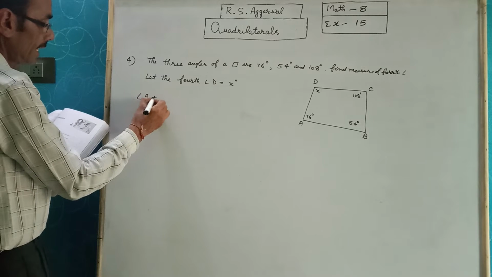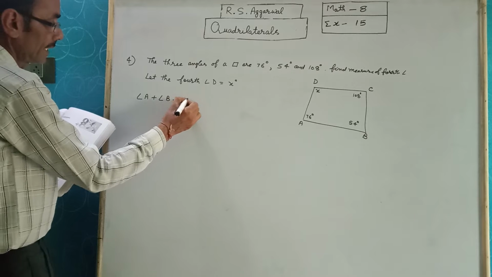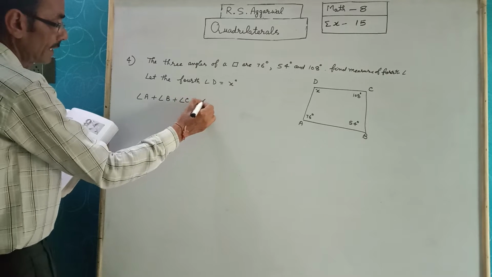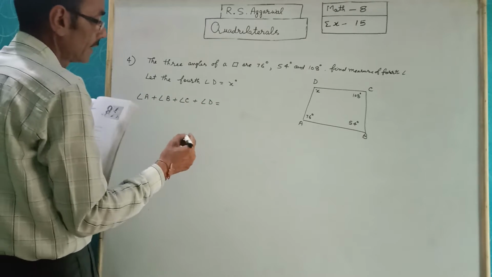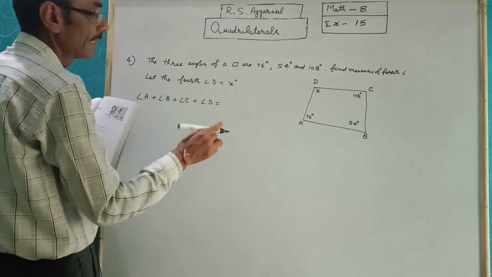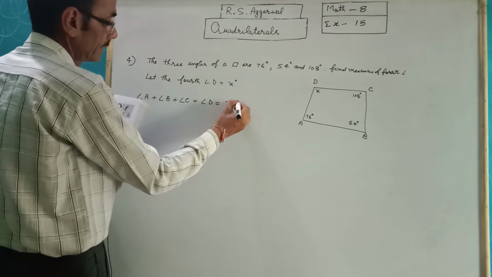You write angle A plus angle B plus angle C plus angle D is equal to the sum of all interior angles of a quadrilateral, which is 360 degree.